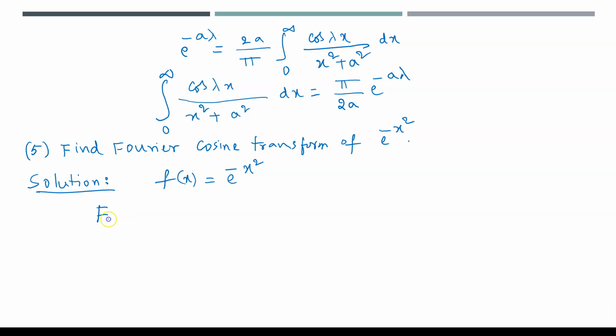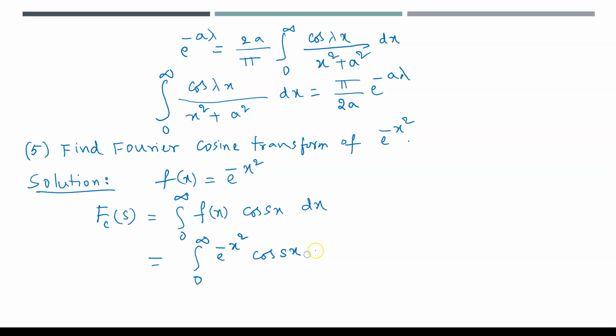Okay, now the Fourier cosine transform is Fc of s equal to integral 0 to infinity f(x) cos sx dx. Right, that is integral 0 to infinity e power minus x square into cos sx dx. Let I equal to integral 0 to infinity e power minus x square cos sx dx.